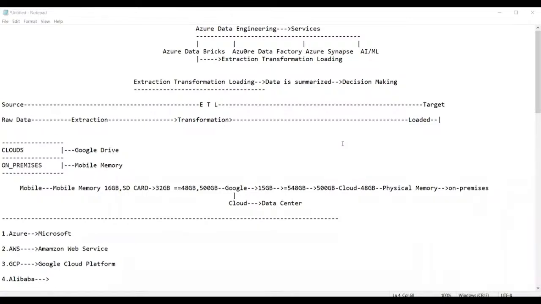It is asking for a credit card number. Yes, credit card, obviously, for the free subscription. It will charge some 2 rupees from the credit card, and the free subscription will be valid for 30 days. After that, you have to go for the pay as you go model, which is based on your usage only.